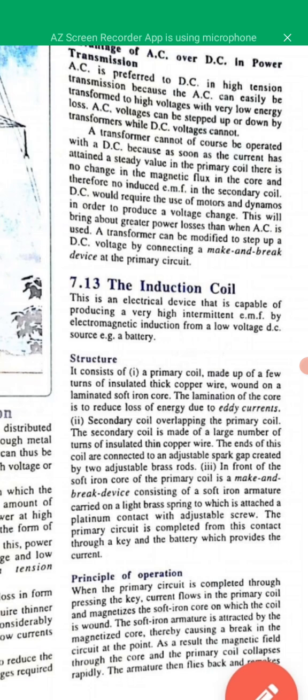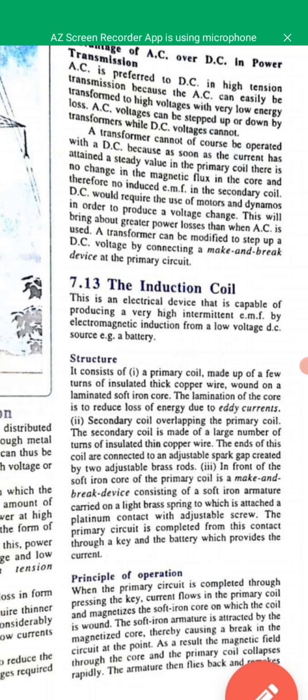A transformer cannot be operated with DC, because as soon as the current has attained a steady value in the primary coil, there is no change in the magnetic flux. And once there is no change in magnetic flux, the energy loss will be very much.